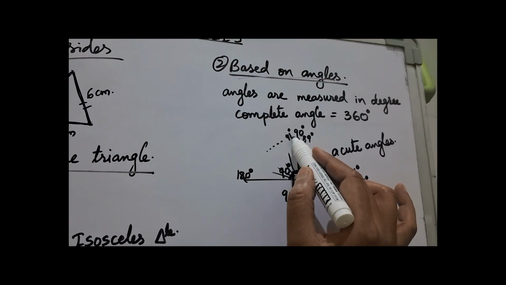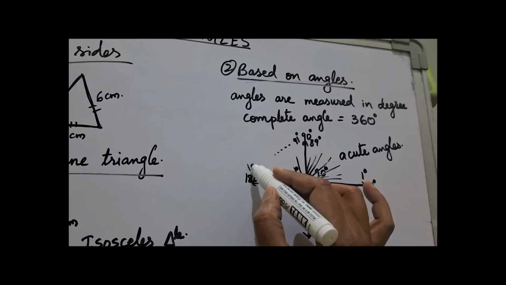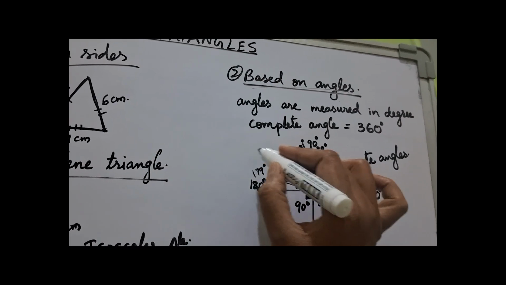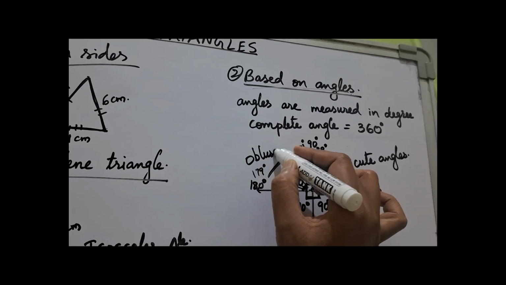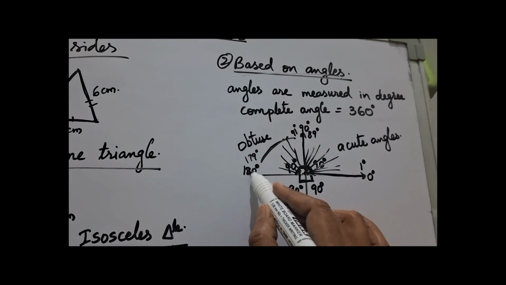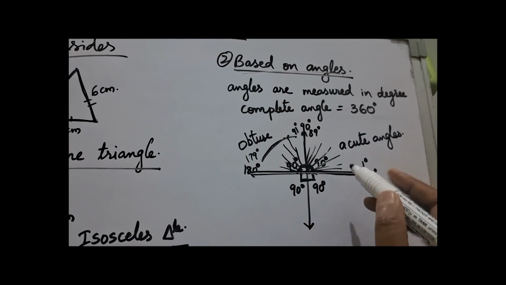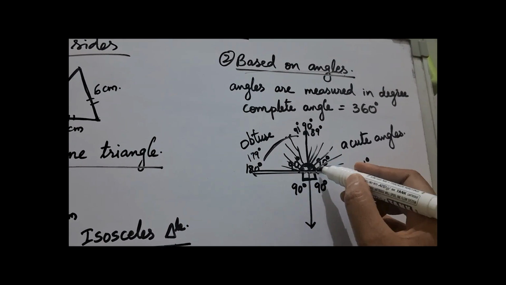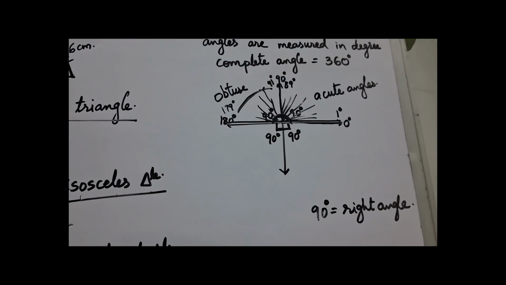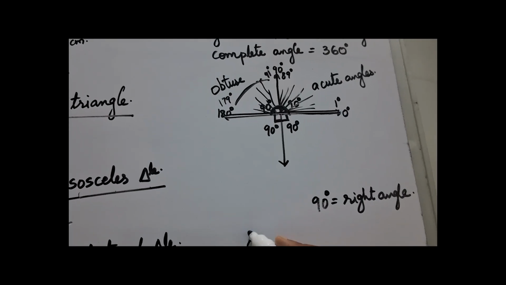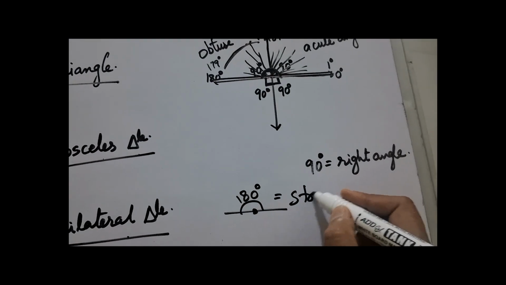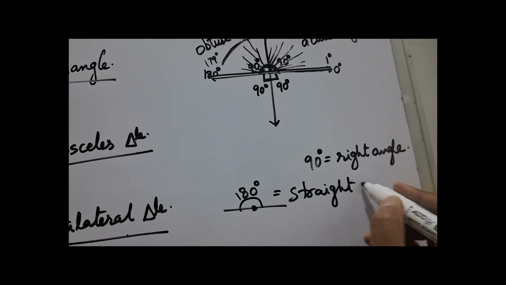So, the angles which come between 91 and 179 degrees, all these angles are called obtuse angles. Obtuse angles. And the angle which is straight, like it forms on a straight line, this one, 90 plus 90, 180, this is 180 degrees. This angle is called a straight angle. Straight angle.